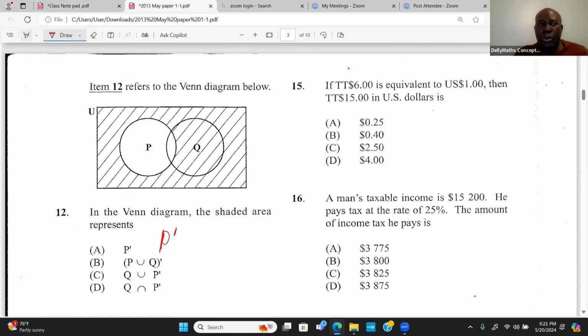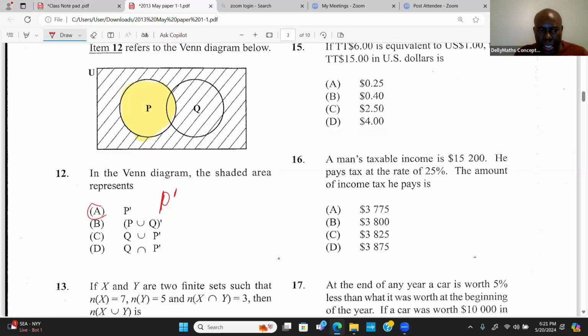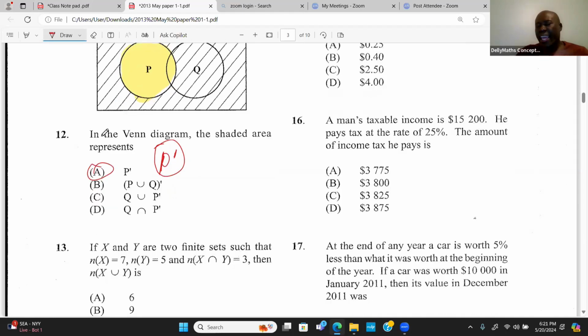If you take a look, you're going to notice that the P circle is not shaded, and it doesn't matter if the P circle touches another circle. We're saying P is not shaded at all, which means that what was shaded was the complement of P, and so A is the answer. This means complement of, like everything else except this.